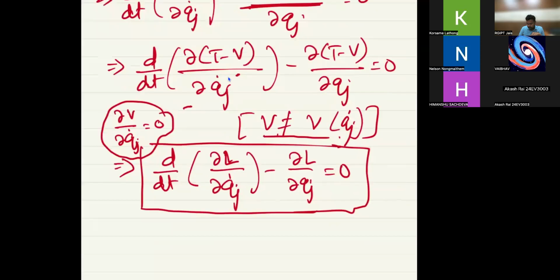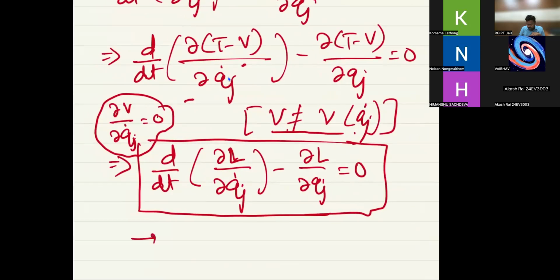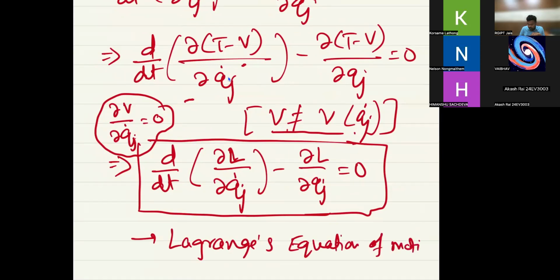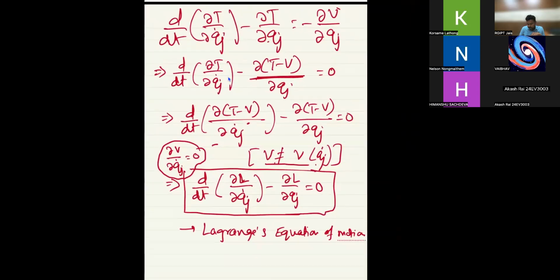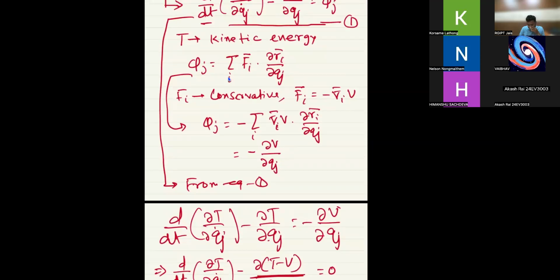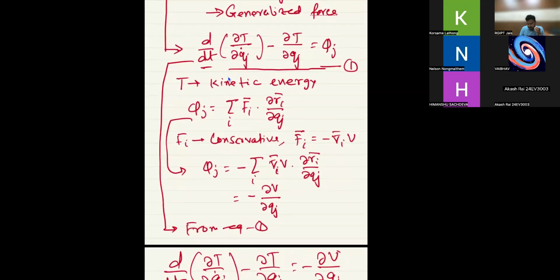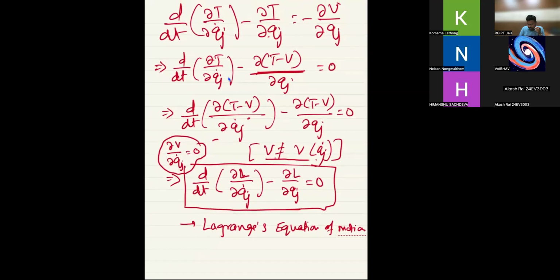And this is called Lagrange's equation of motion. This derivation can come in the exam. This small section can come, whatever I've done here, from this part to this.